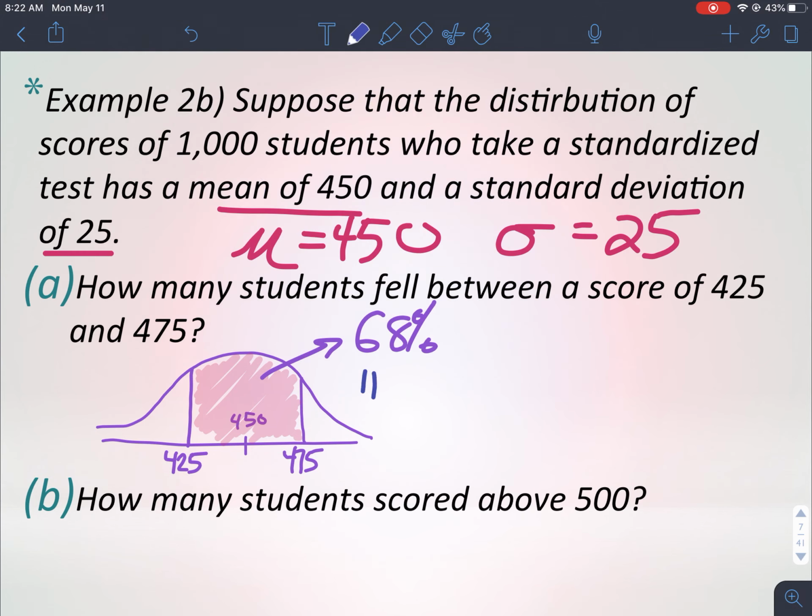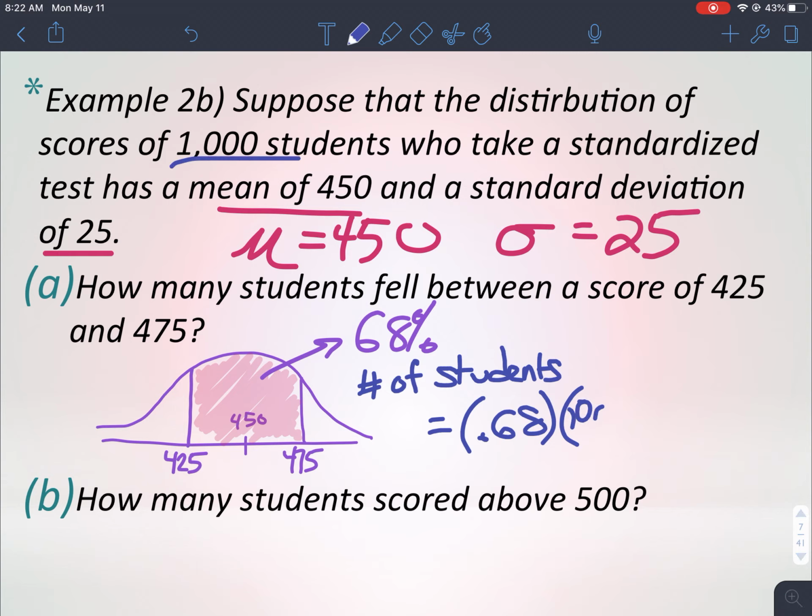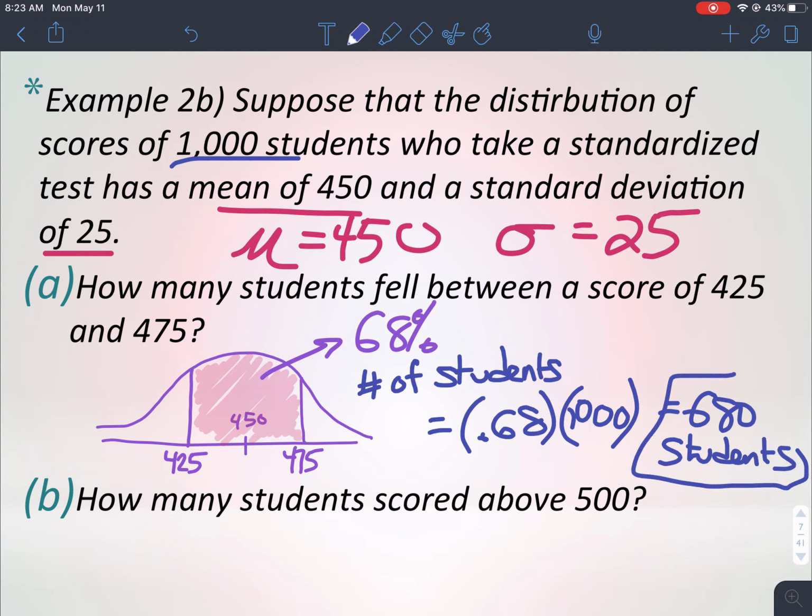So the number of students should be 68% of the total, which is going to be 0.68 times how many students that took the test, 1,000. So we would expect 680 students to have a score between 425 and 475.